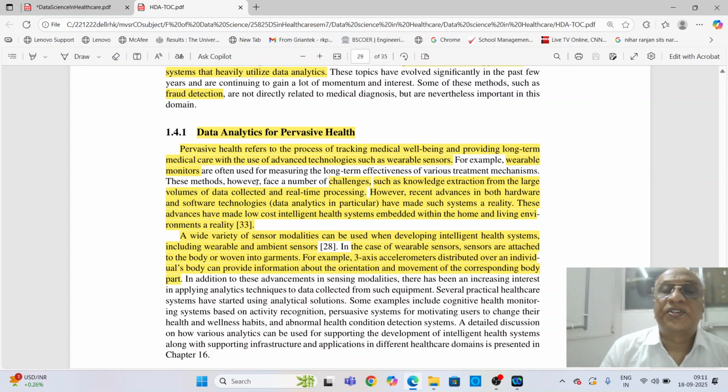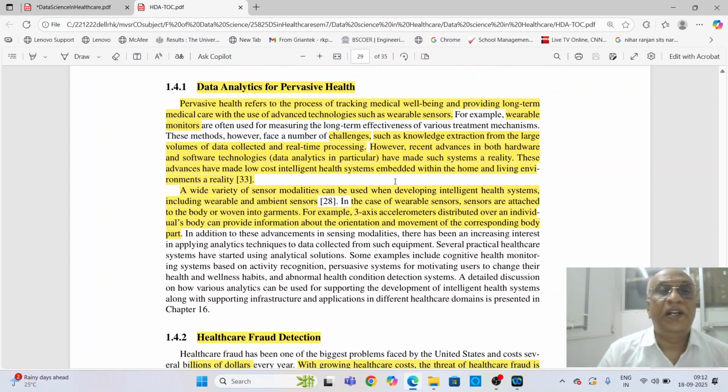What are the challenges? The challenges are knowledge extraction from large volume of data collected and real-time processing. But we have good hardware and software technologies, especially in the data analytics and data science domains, to make this a reality. So this helps in reducing the cost of intelligent health systems embedded within the home and living environment.